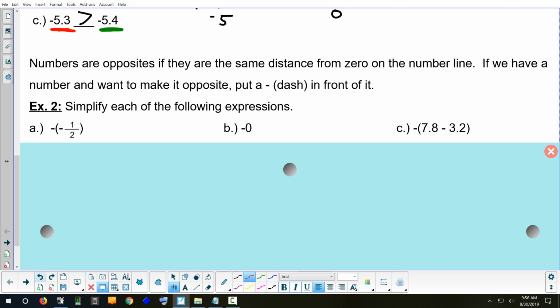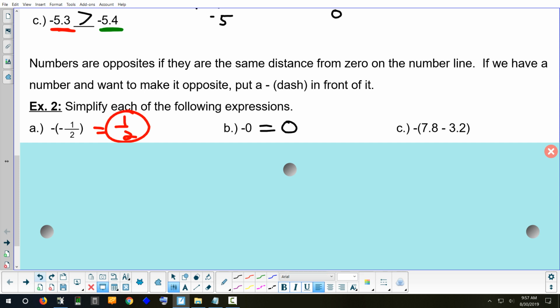What's the opposite of negative 1/2? Who thinks they know? James? A half. Nice job. 1/2. Okay. How about the opposite of 0? This one's a little weird. Opposite of 0. Yep, Patriot. 0. It's still 0. 0 is the only number that, if you make it negative, it doesn't change.